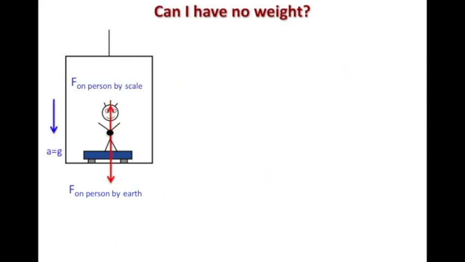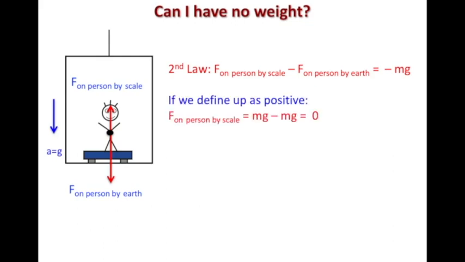Can we be weightless? Well, if we set up our same equation, this is kind of working backwards from the answer, but if we say that our acceleration is negative g, so that our net force equals ma, and that a is negative g, you end up finding that the force on the person by the scale equals 0.